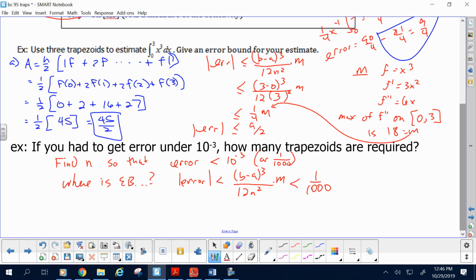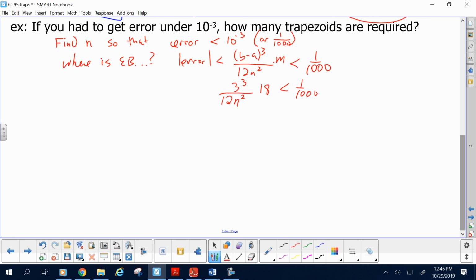All right. Now then, I focus on this. B minus A is still 3 cubed. And N, now you don't know. And M, well, it's still the same interval, the same derivative, the same second derivative, so M is still 18. All right? You down?